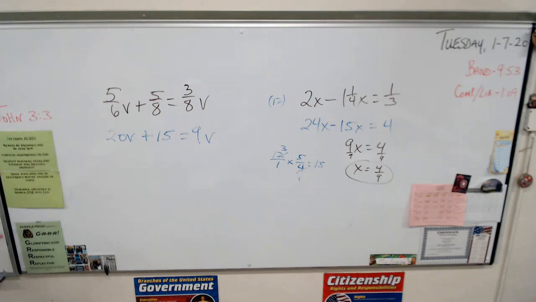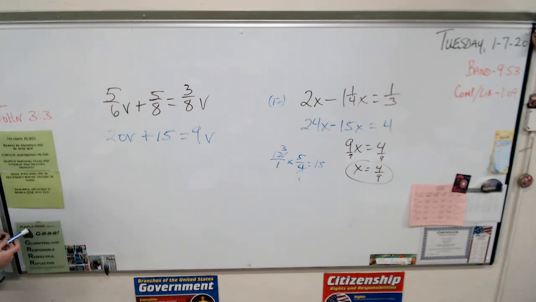At least one hand has to go up, unless you're all incredible geniuses already, to understand how I got from the brown to the blue. Lauren, how did you get 20? How do I get 20V?